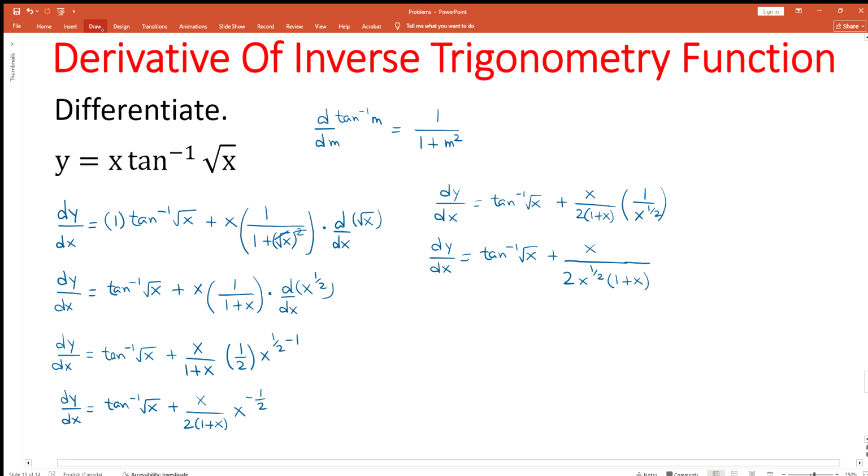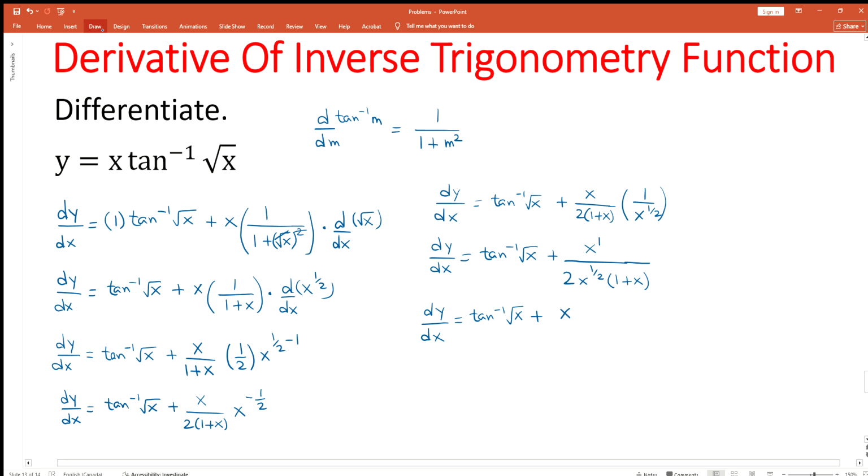Next, we can reduce the x terms in the numerator and denominator. We can use division law of exponents to combine the terms x and x to the power half. The exponent on x in the numerator is 1. We can combine these x terms by subtracting their exponents.